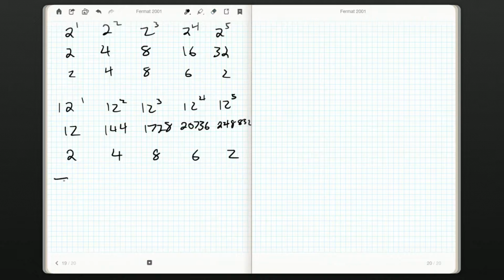So this comes from a small branch of mathematics called modular arithmetic. But we can summarize this.